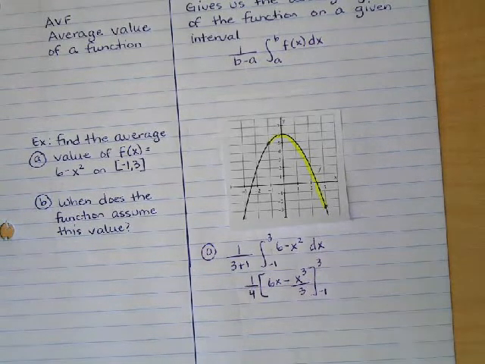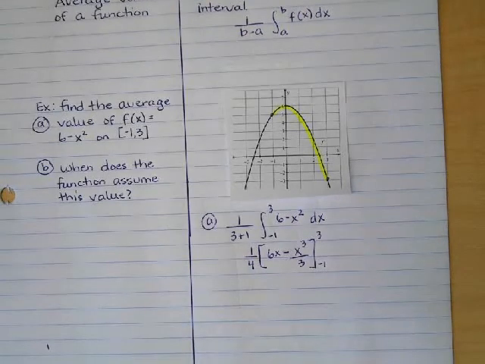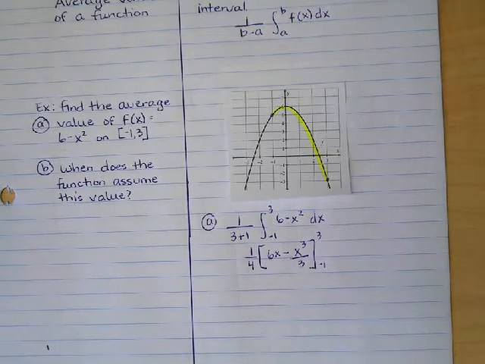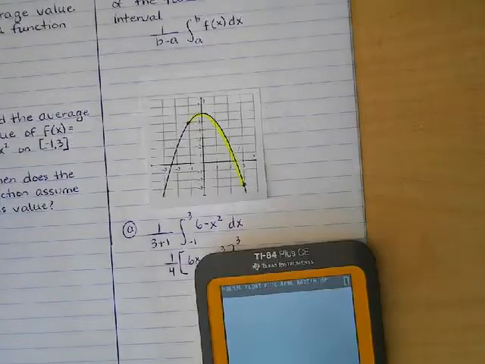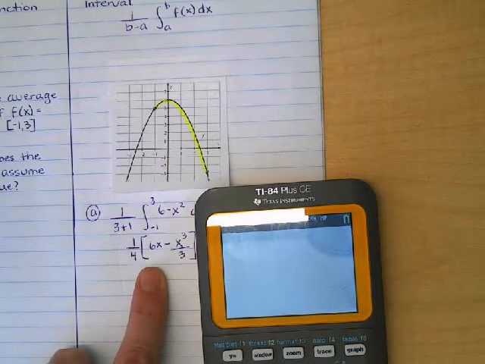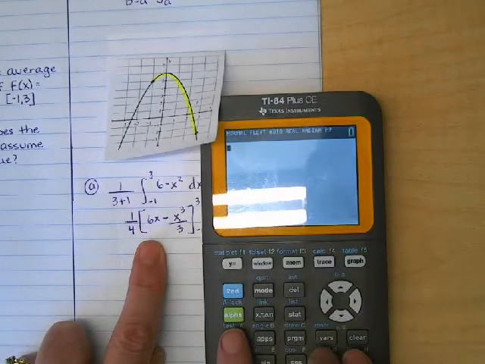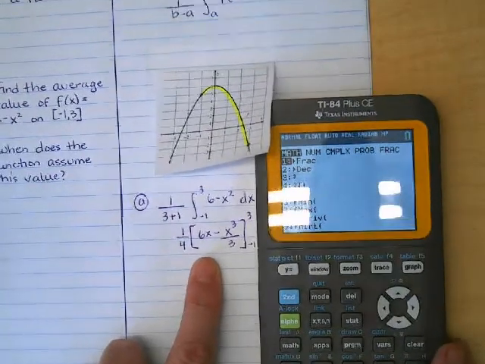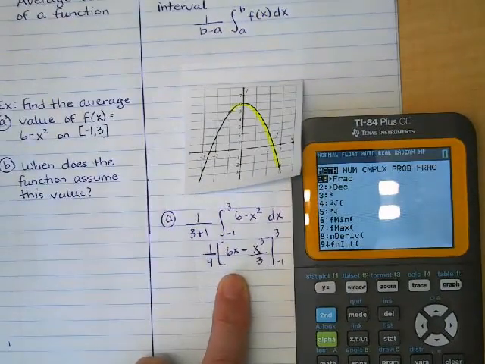Now I'm going to show you a way to do this on your calculator. You might have to do something like this by hand if we had a no-calculator problem, but let's look at what we're going to do here. On your calculator, first we hit Math, which is this button right over here, and then we hit 9.